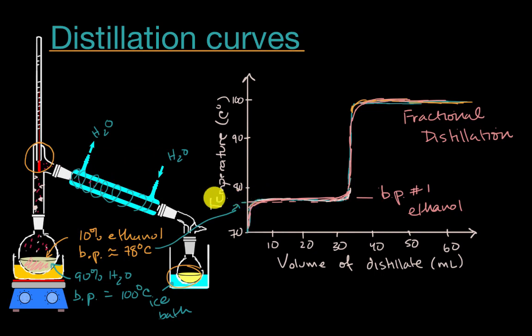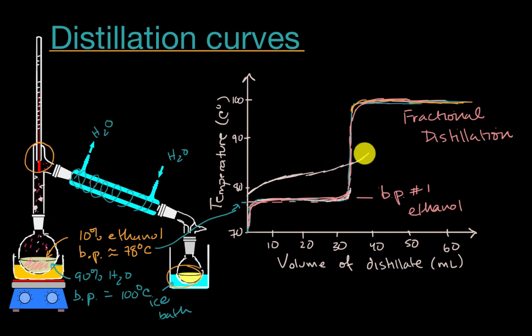So you really don't start condensing and getting those vapors until the temperature is the boiling point of the mixture of vapors up here. It's still going to have more than 10% ethanol than water, because ethanol has a lower boiling point, but it might look something like this, where it takes a higher temperature to start seeing distillate, and these plateaus aren't quite as pronounced.